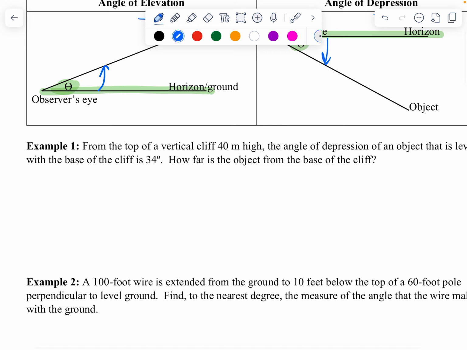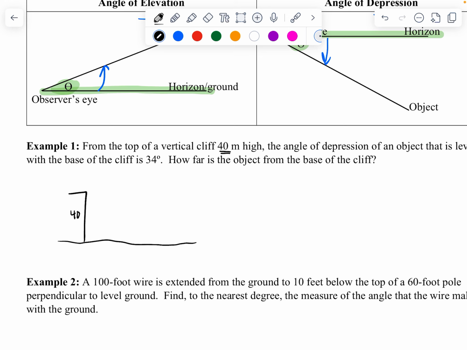First off, we have a couple of contenders in this. I always draw this out. I'm not an artist, and that's totally fine. We have a vertical cliff, and the cliff is usually on the ground, so there's my cliff. This cliff just happens to be 40 meters tall.